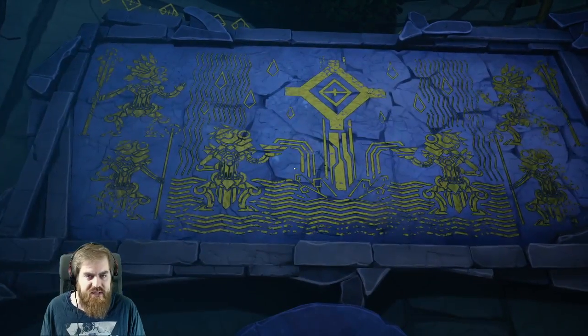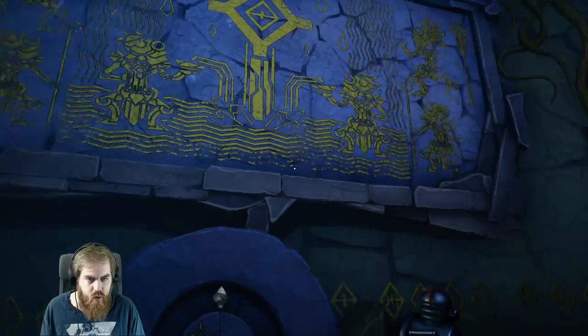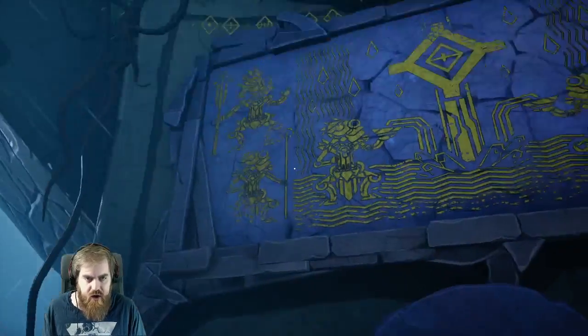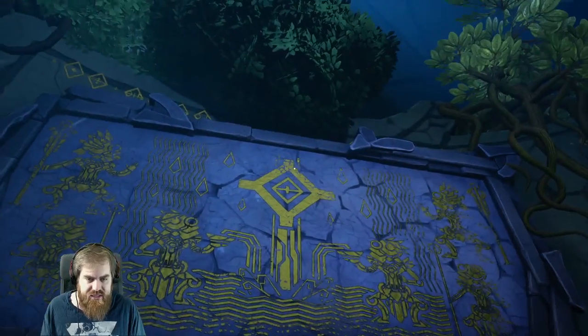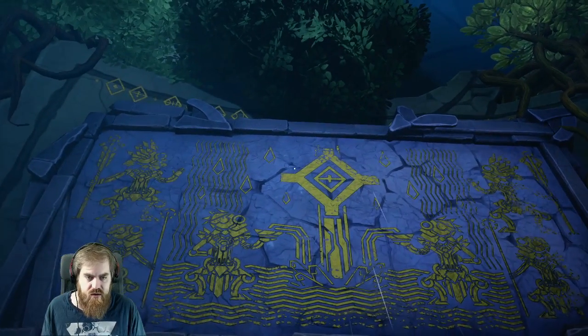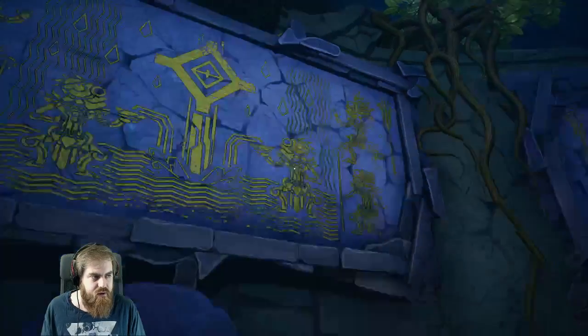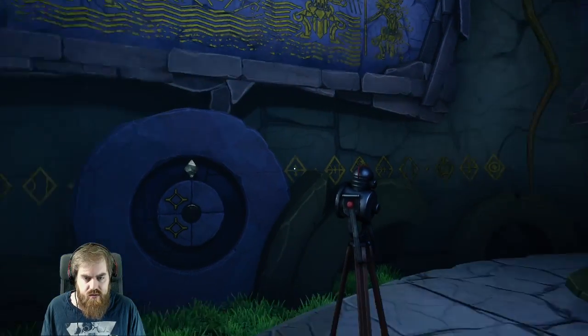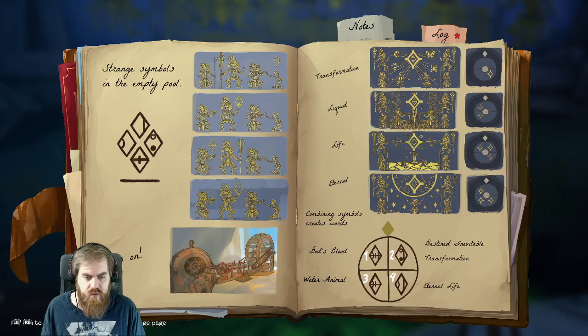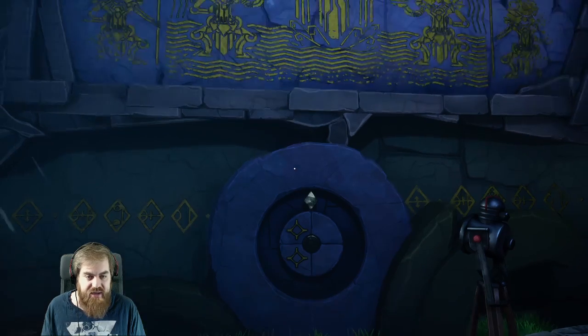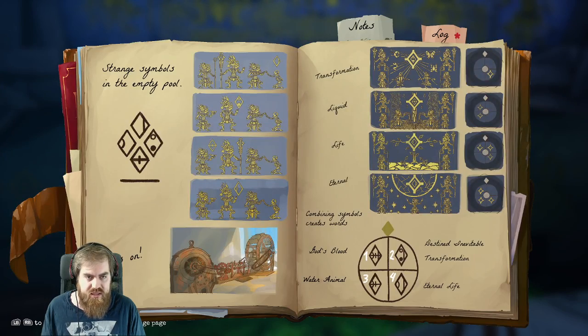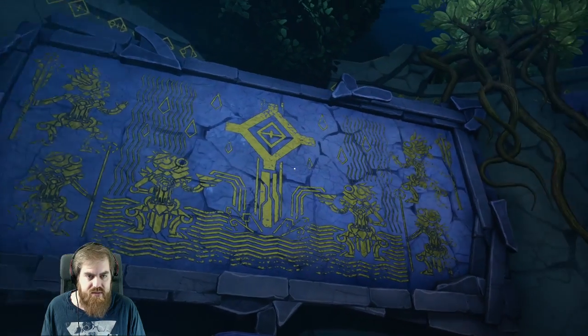Like this one, for example, it's to show us that it's like water at the bottom. There's like falling water. So this symbol is water, essentially. Or liquid, rather. So God's blood is basically liquid plus life eternal. So it's that symbol.